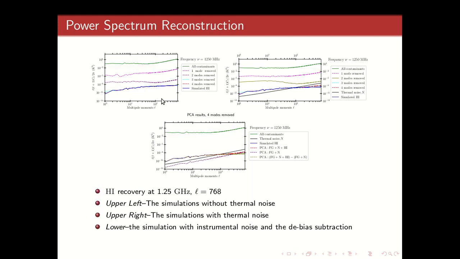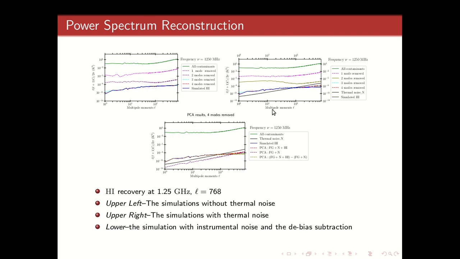We also represent our result in terms of power spectra. From the upper left panel, these are the power spectra simulations without thermal noise after removing 1, 2, 3, and 4 modes.